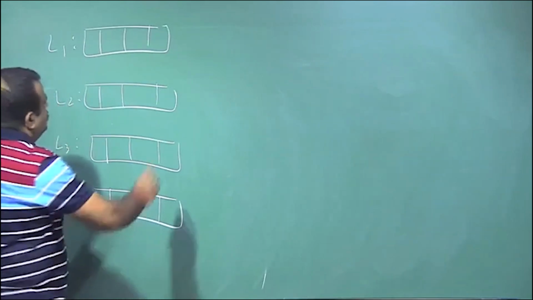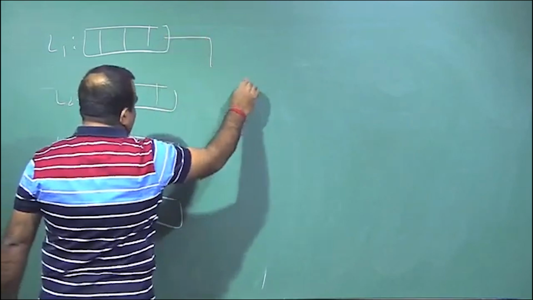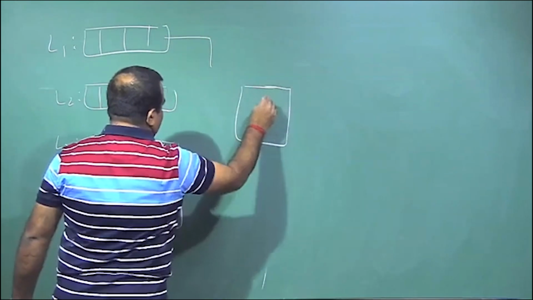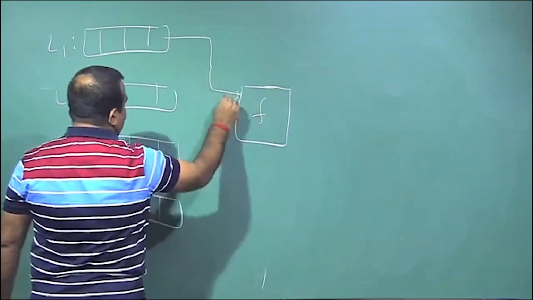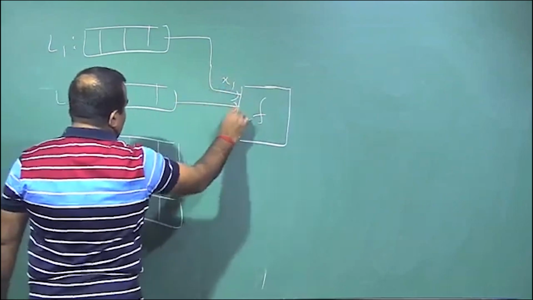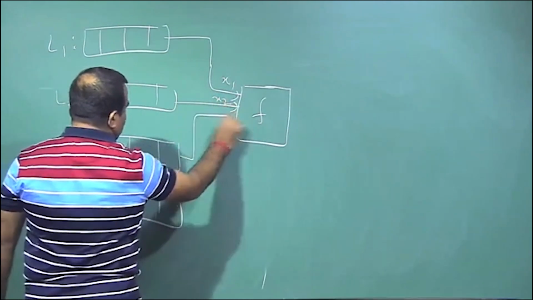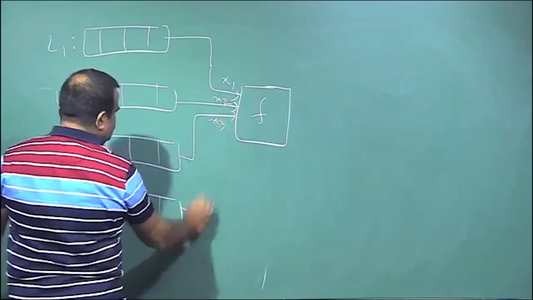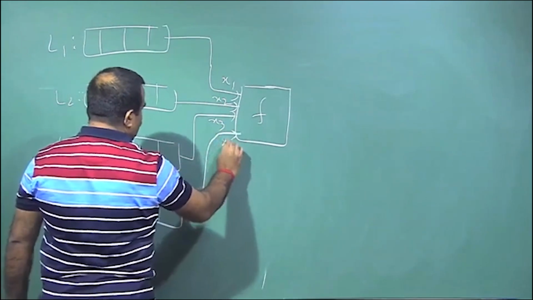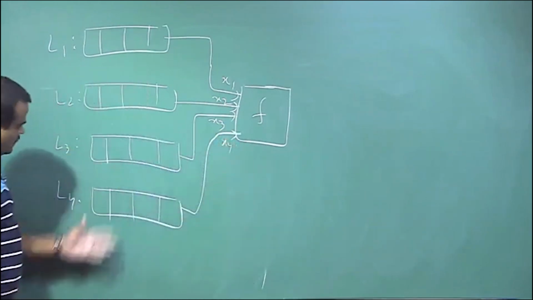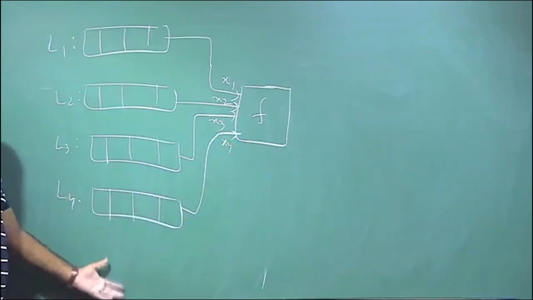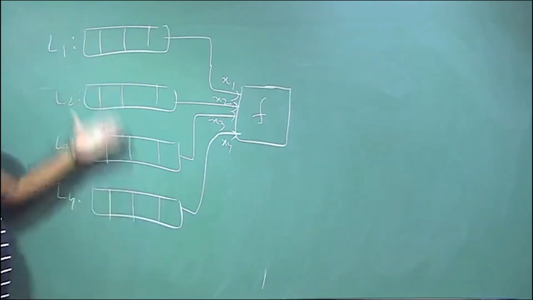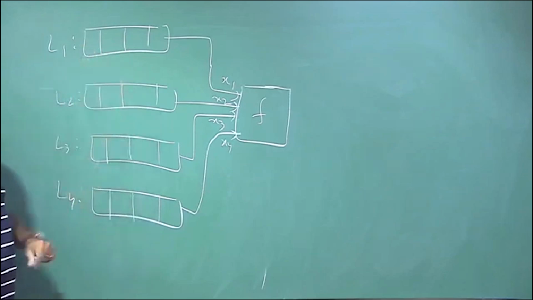Now, what we do? We take the output of these LFSRs and we have a function which is a non-linear function. Say this output is x1, this output x2, this output x3 and this output x4. Instead of 4 it could be 5, 6, n. In general this is n LFSRs of L bits.